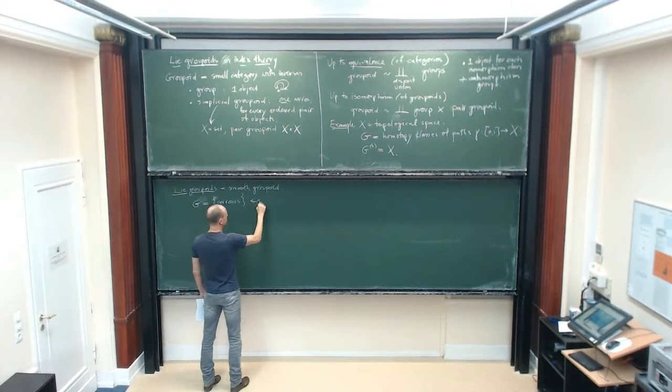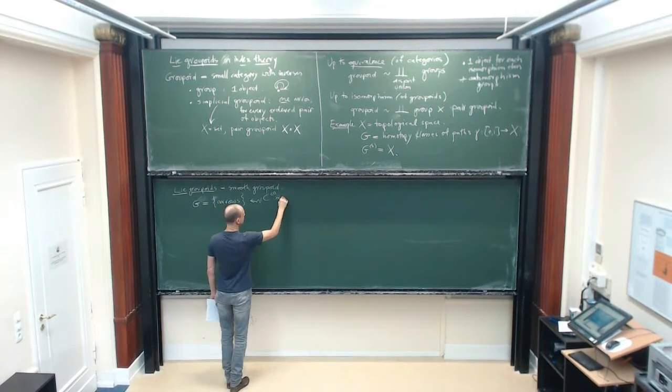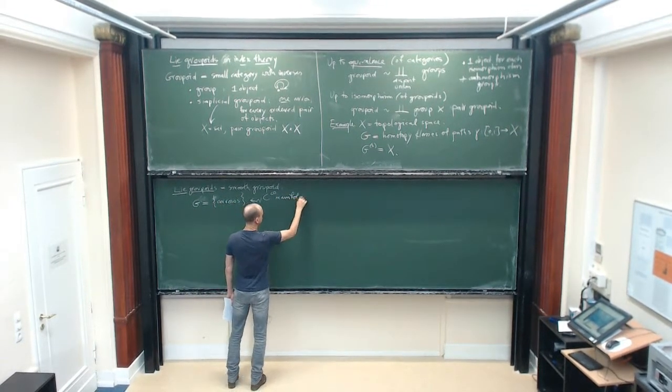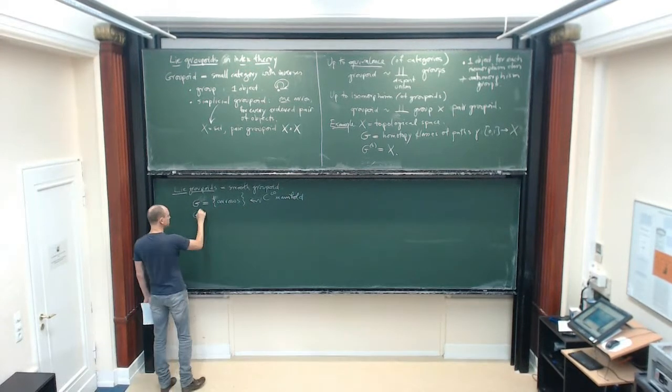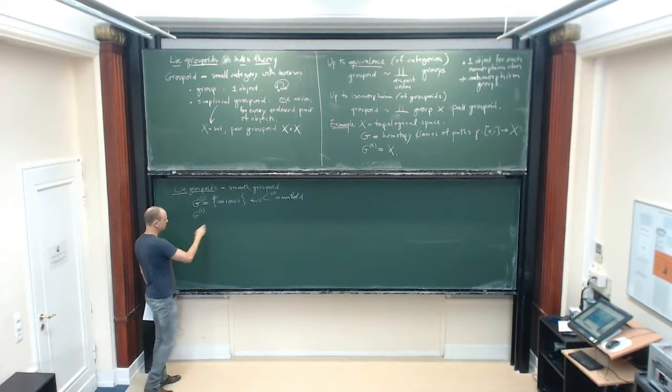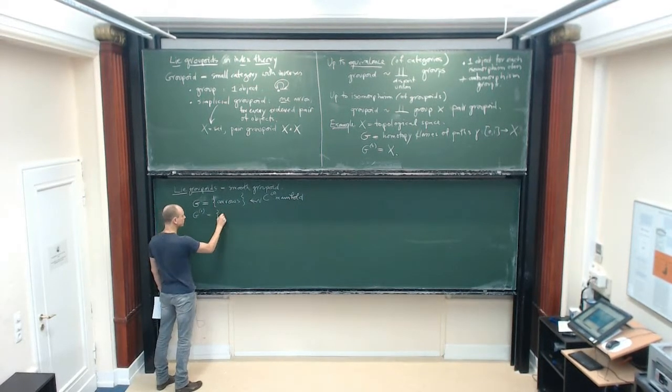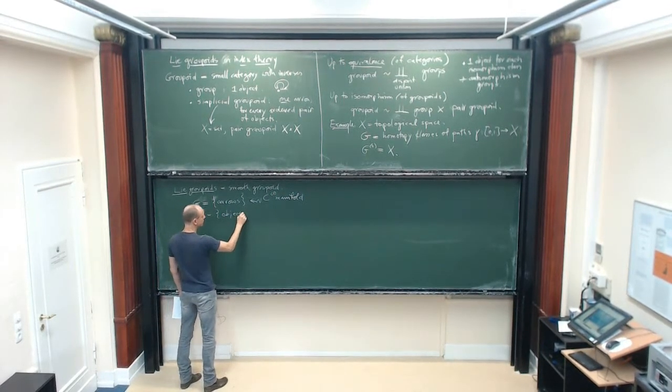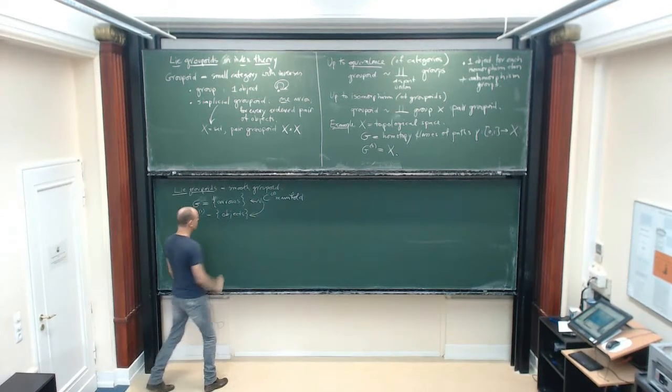This is supposed to be a manifold, of course, just as for a Lie group. The set of objects, which is often denoted as G sub 0, is also supposed to be a smooth manifold.